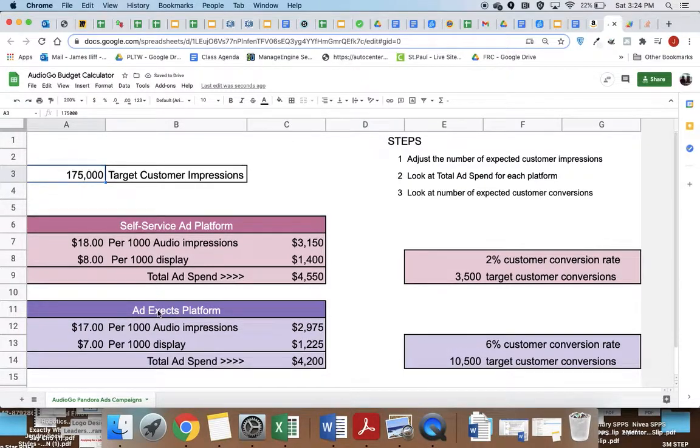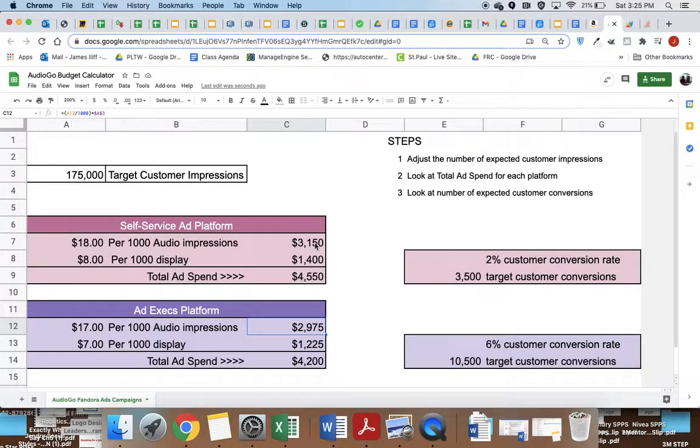Let's look at the Ad Execs platform. Remember that the Ad Execs platform is $17 per 1,000 audio impressions. So to reach this 175,000 customer impressions would take almost $3,000.